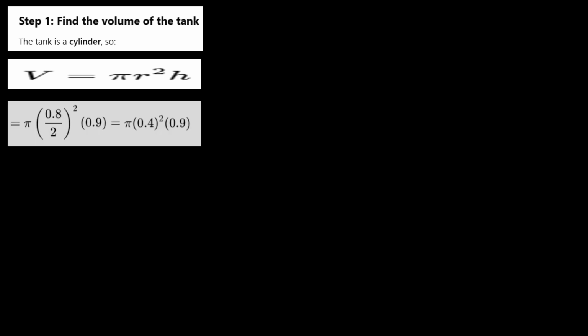Now, doing the direct substitution, we can have a calculation like this. Our volume is now equal to pi times the square of 0.8 over 2 times 0.9, or it is also equal to pi times 0.4 squared times 0.9. Finally, we now have the volume value, and it is equal to 0.4524 cubic meter.